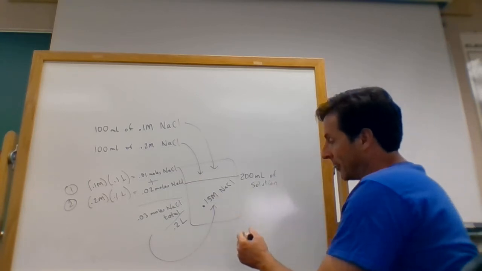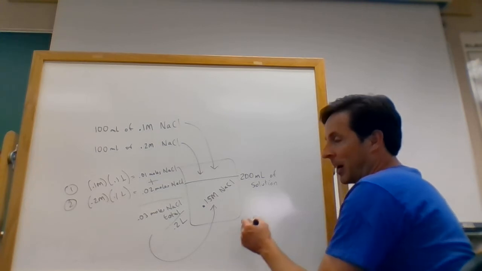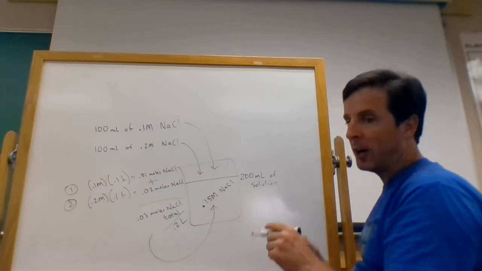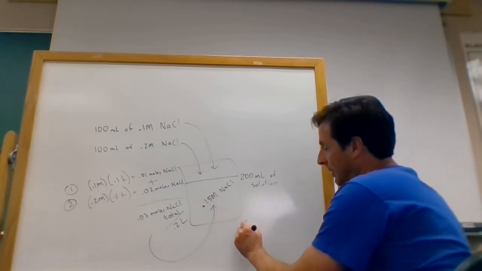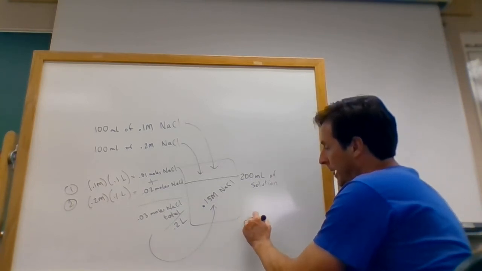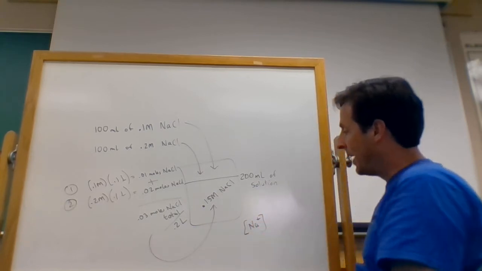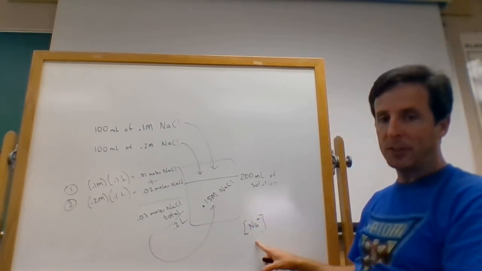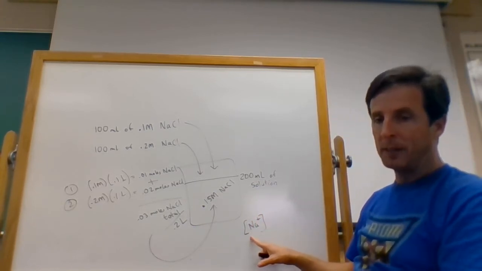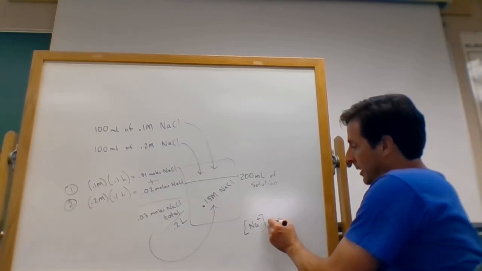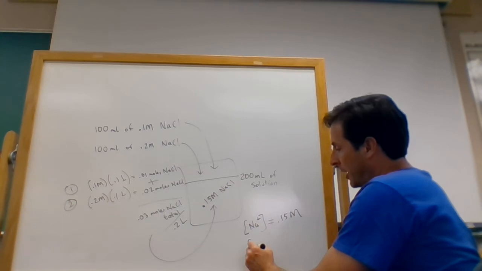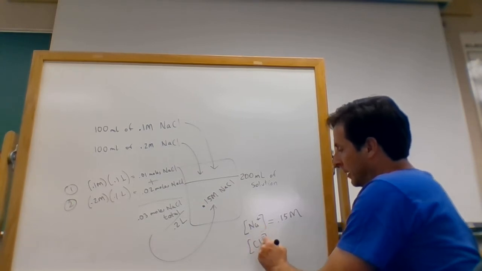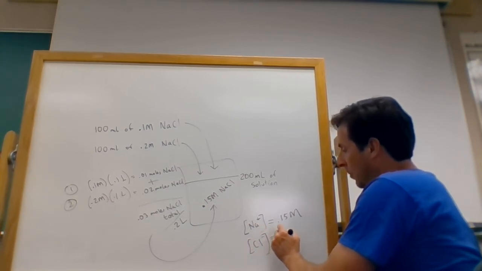So really the answer to this question is the concentration of sodium, which in a notation that's used in chemistry, if I use brackets and then put Na plus, that's a way of representing the concentration of Na plus. The concentration of Na plus is 0.15 molar. The concentration of Cl minus is also 0.15 molar.